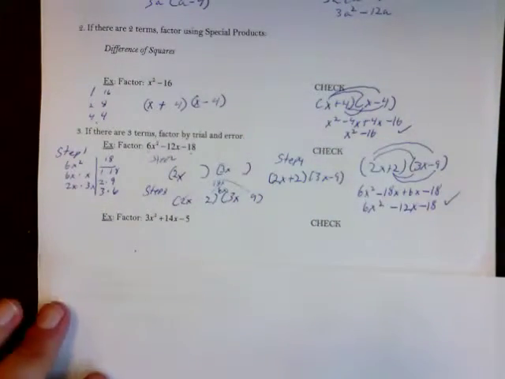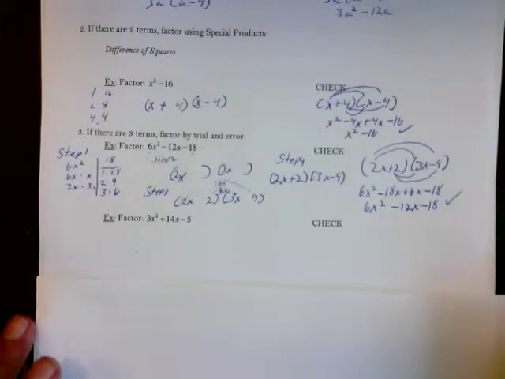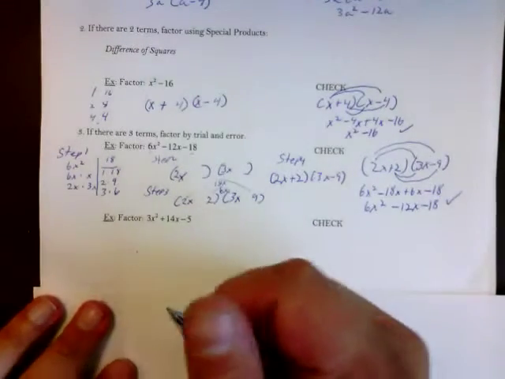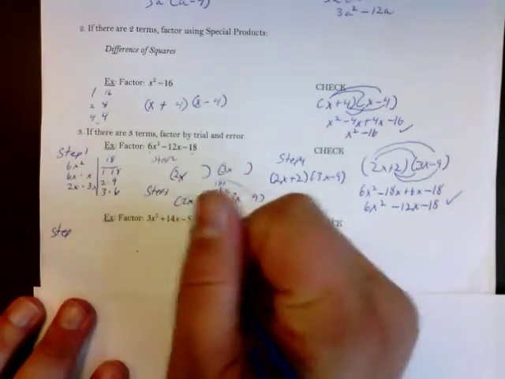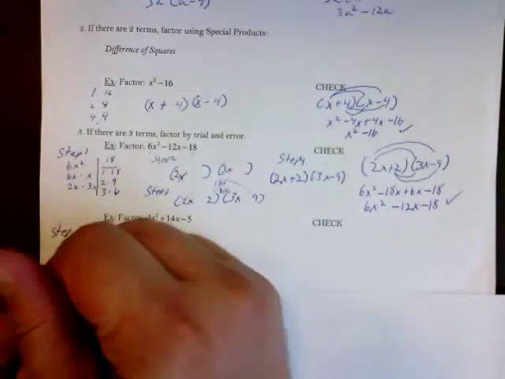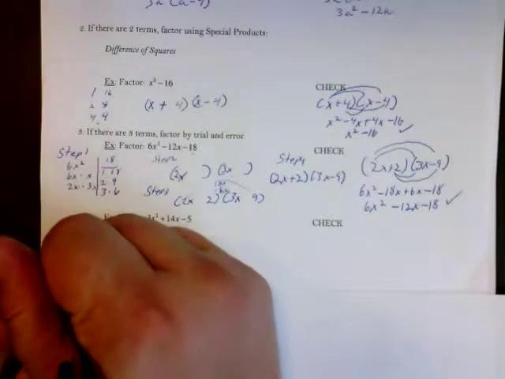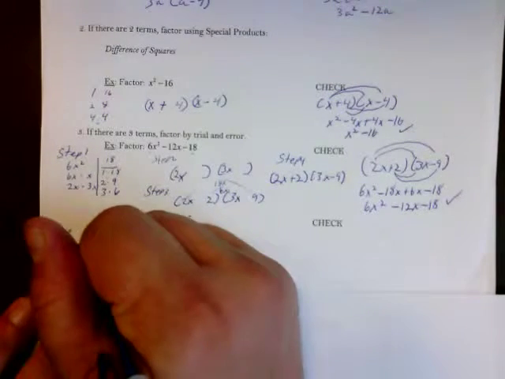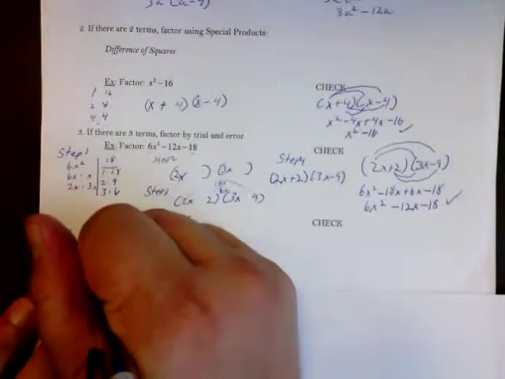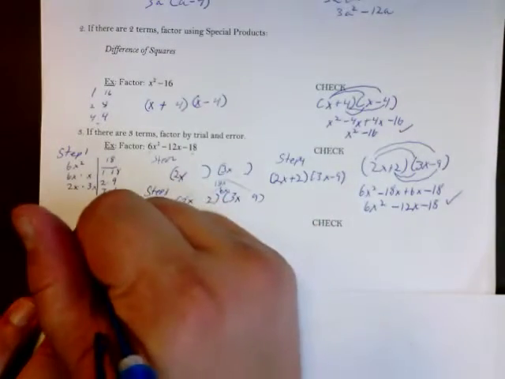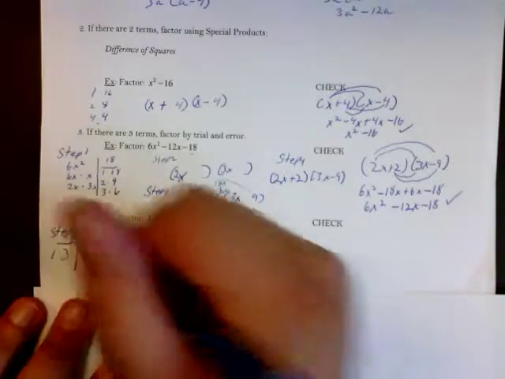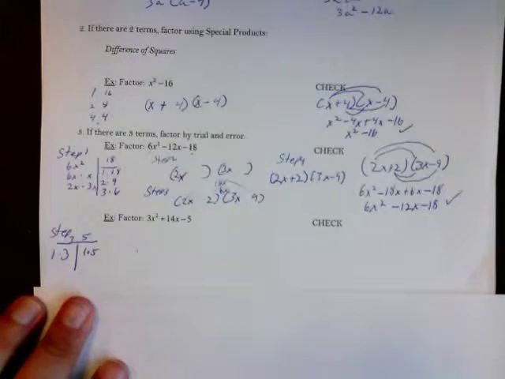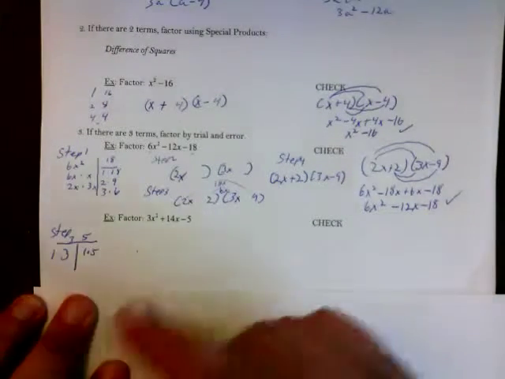We have another example. I'm going to look at again, starting with step 1, looking at the factors of my first and last terms. And this really is a very simple one, as both sets really only have one set of factors, 1 and 3 and 1 and 5.